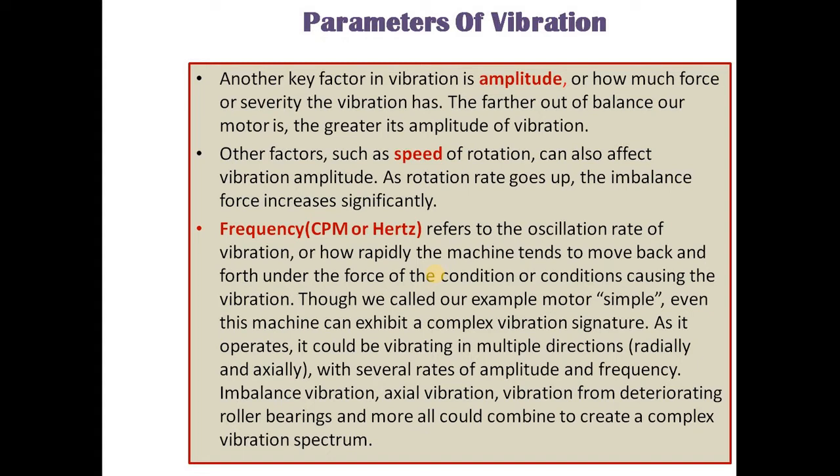And speed means how much time it takes to reach the peak. And acceleration means how many times it touches the peak. So these are the three parameters with which we are measuring the vibration.